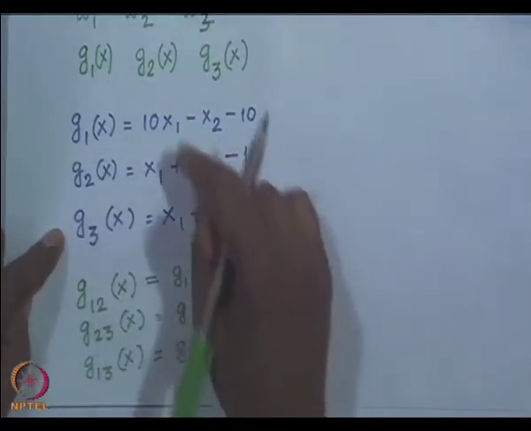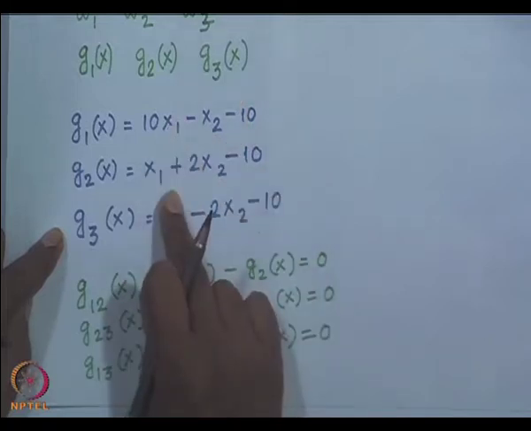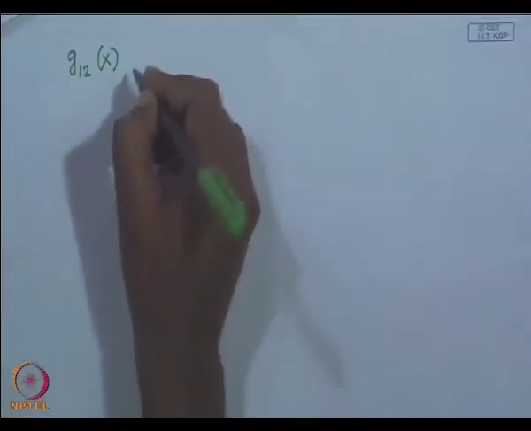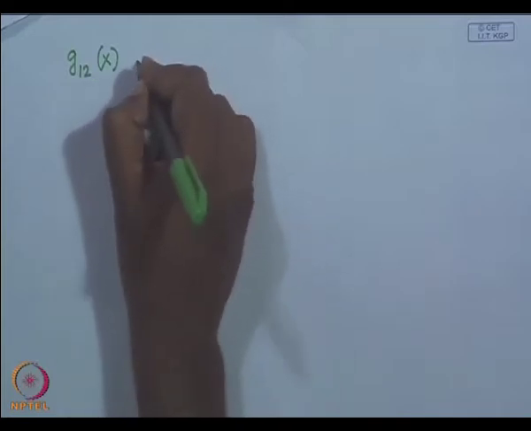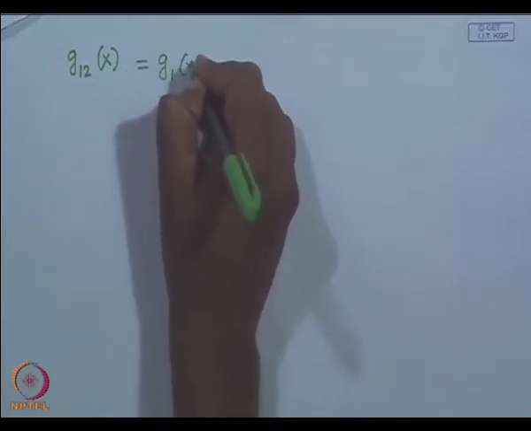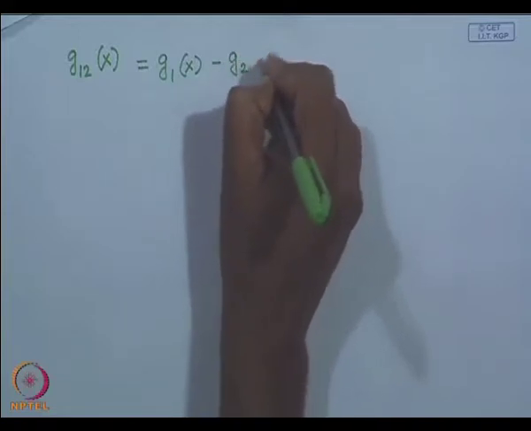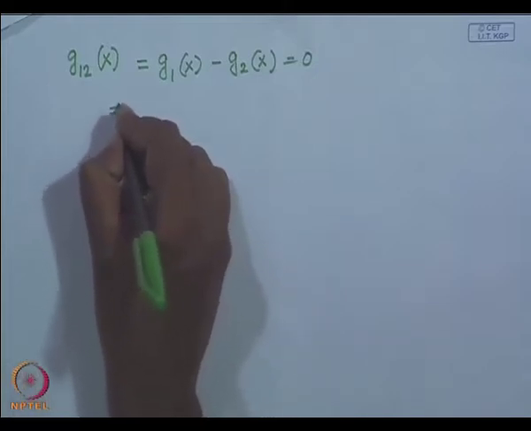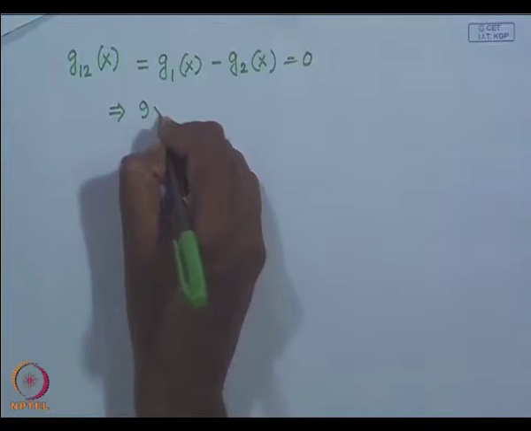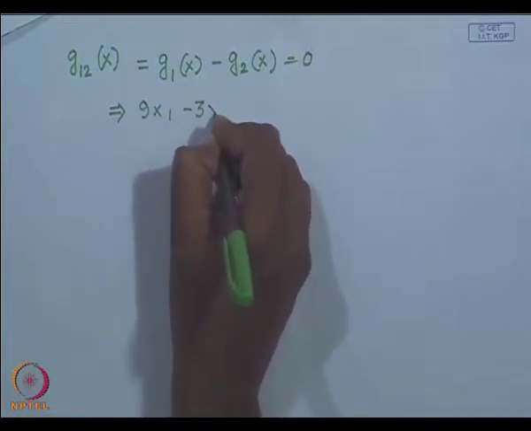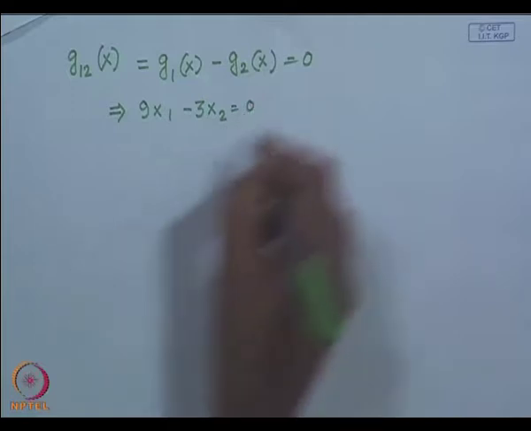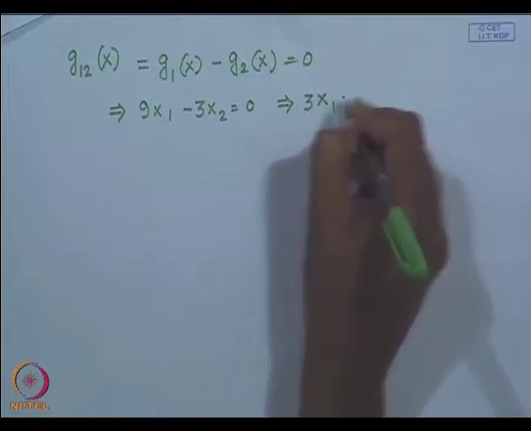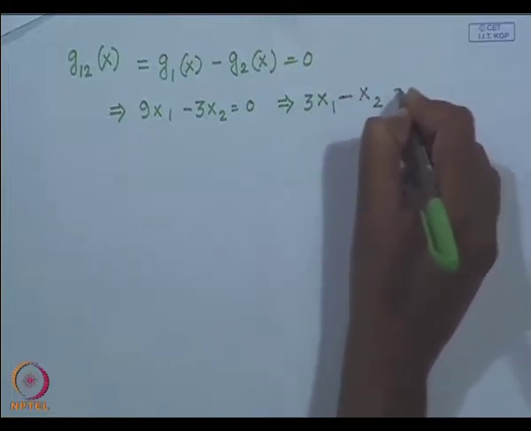If I compute this g1x minus g2x, that will be 9x1 minus 3x2, which is equal to 0. Which is nothing but 3x1 minus x2 is equal to 0.